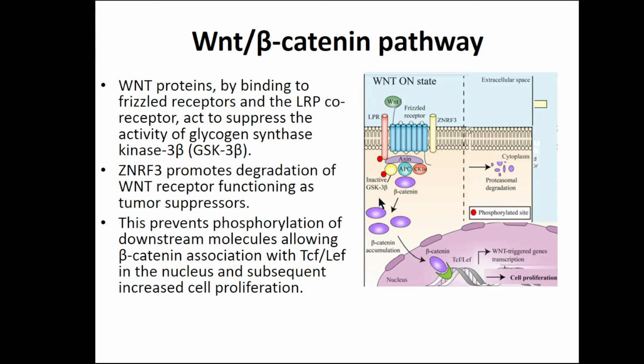And look at this slide, you can also see the Wnt beta-catenin pathway has a special structure. It is a receptor which has an outside ligand part, an intramembrane part, and an inside part.